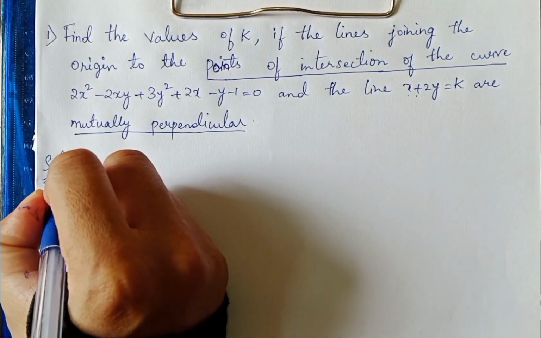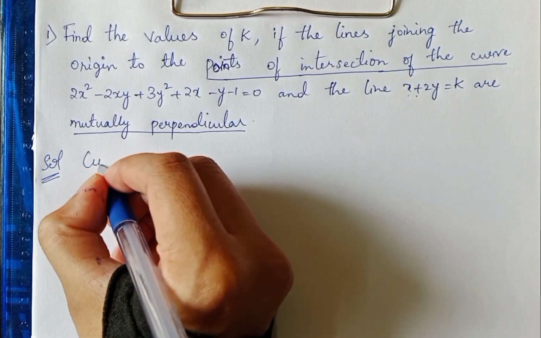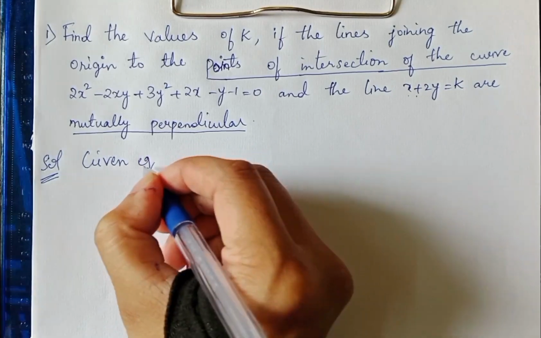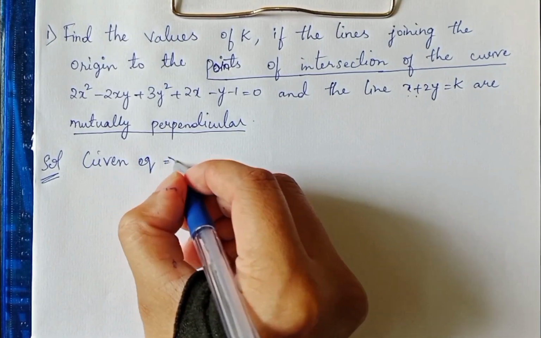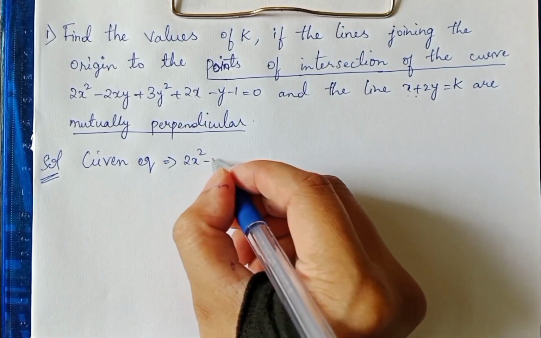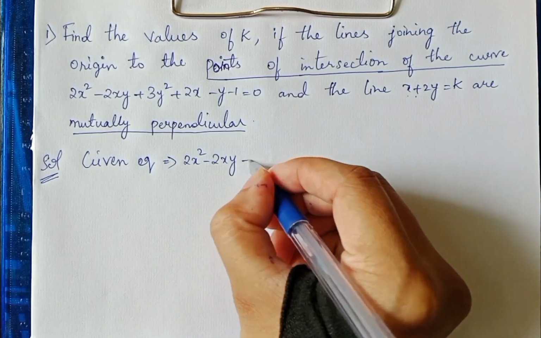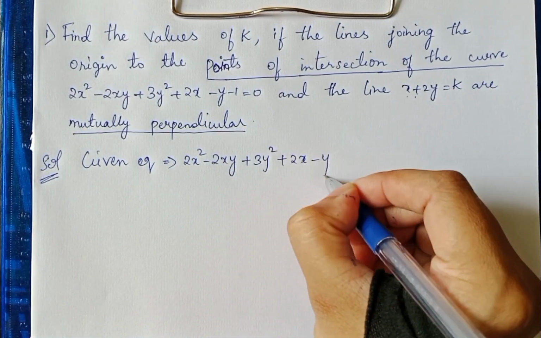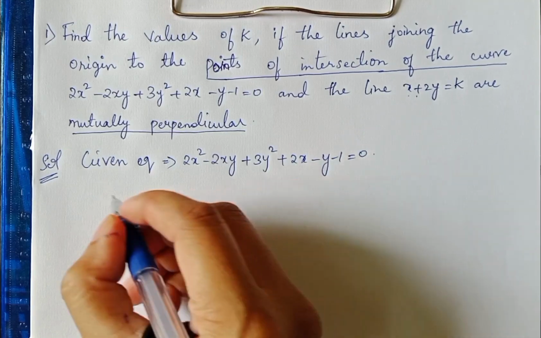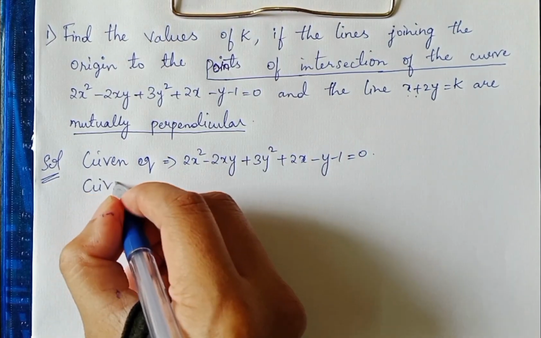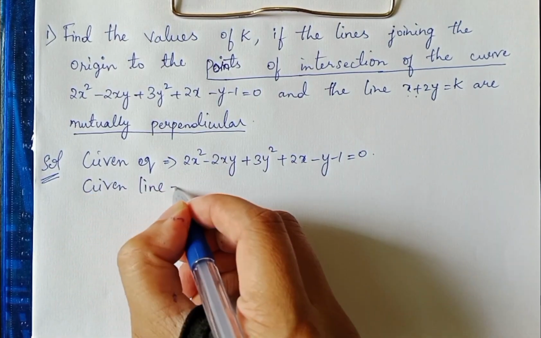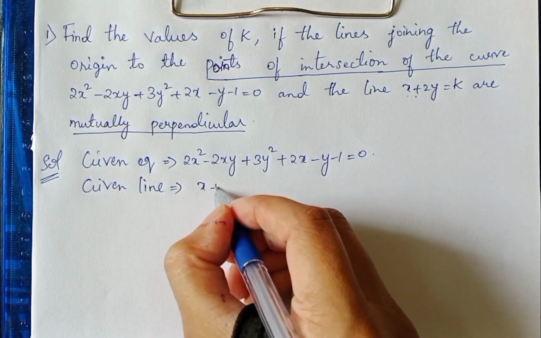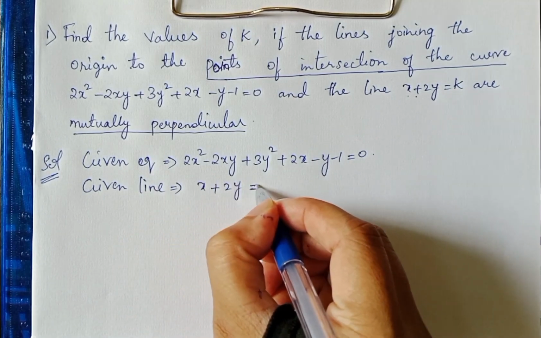Given equation, 2x square minus 2xy plus 3y square plus 2x minus y minus 1 equals 0. Given line is x plus 2y equals k.